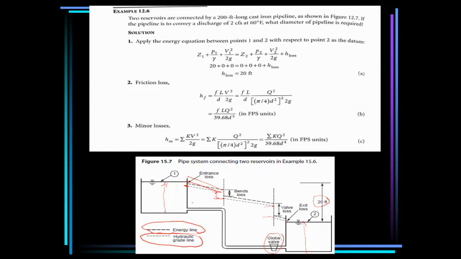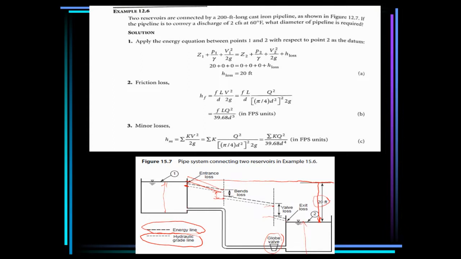Ideally, without any head loss, the pressure head in this tank should be up to this point, because it should be parallel, isn't it? But because of the head loss, the pressure head is reduced from here to here, due to major head loss from frictional force factors and due to the minor head losses.